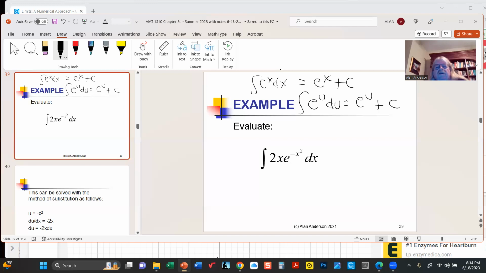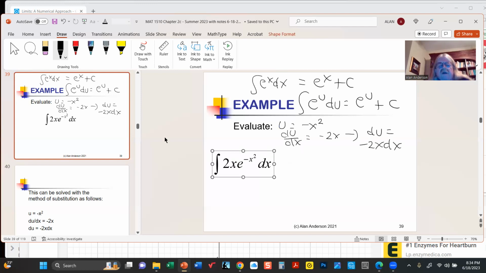So why don't we do this? Let's try u being minus x squared. So we almost have that. Not quite.